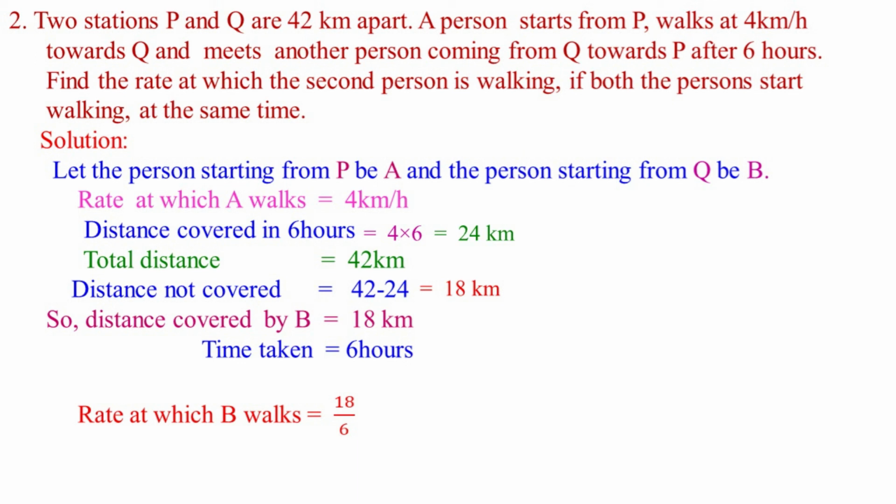Here the distance covered by B is 18 and the time taken is 6 hours. On dividing 18 by 6, we get 3 km per hour. Therefore, the speed of B is 3 km per hour. Rate at which B walks equal to 3 km per hour.